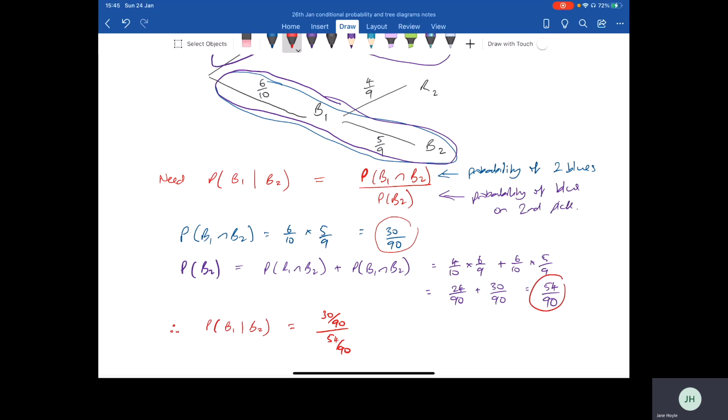And again, because I have kept those fractions with the same denominator, they're of course going to cancel, aren't they? So if I just show you, 30 over 90 divided by a fraction is the same as multiplying by the reciprocal. So 30 over 54, which I can divide both those by 6. 5 ninths. Okay. There we go.